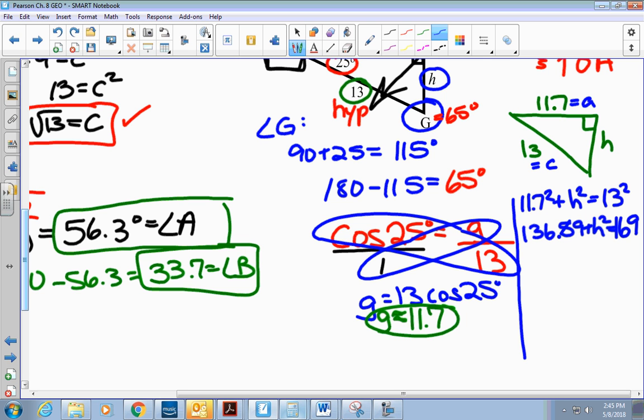Okay. To find out what H squared is, we need to subtract 136.89 from both sides. So Nate, you're going to do that on your calculator for me. 169 minus 136.89. 32.11.